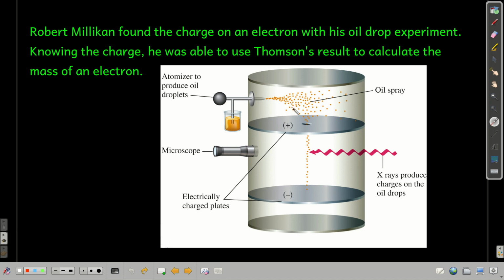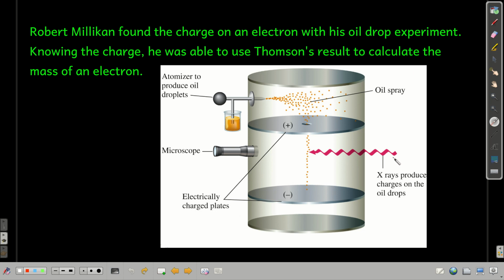Real quick, Millikan's setup: he had an atomizer, like they have on some of those old perfume bottles, and some oil, and he used that to make little tiny droplets of oil that he shot into this chamber. In this chamber, he had two metal plates with a hole in the top one, hooked up to a power supply so that there was a positive and a negative pole.